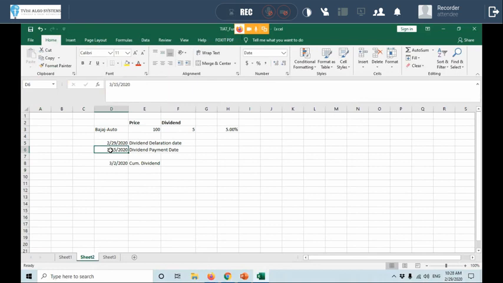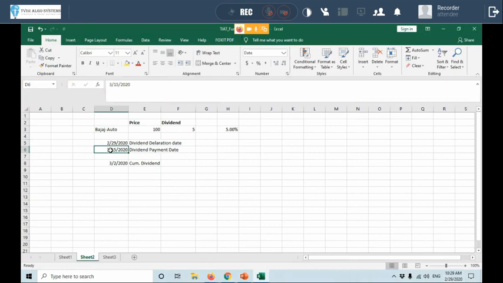So if the settlement takes 2 days, by 12th I need to buy the stock. It should be in your account. I should buy the stock by 12th; then days 13th and 14th pass, and by end of 14th I will be in the list of shareholders. On 15th, when the company pays the dividend, I will get the dividend.